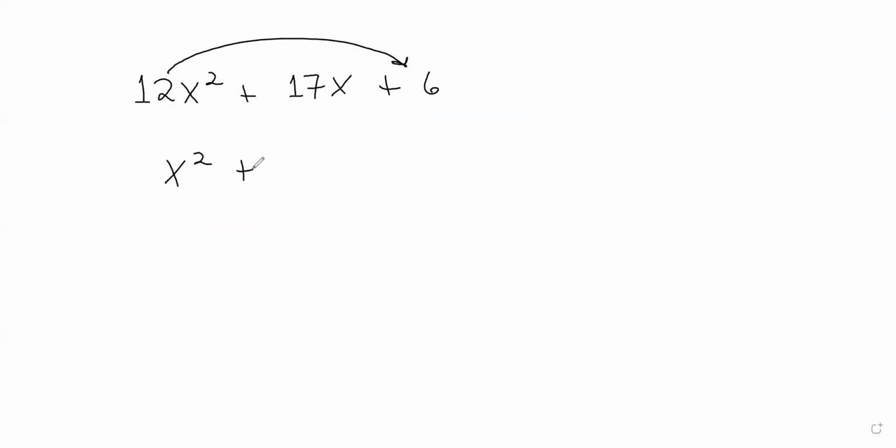Suppose you had 12x squared plus 17x plus 6. Multiply leading times constant, giving 1x squared plus your middle term. 12 times 6 is 72.